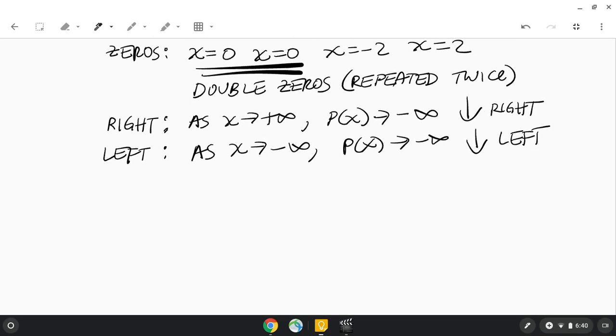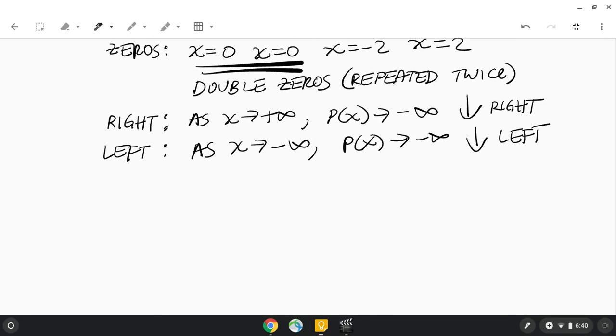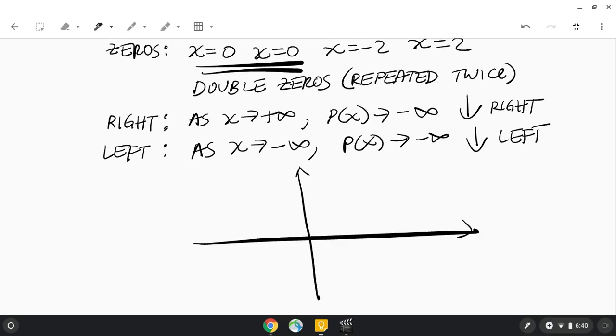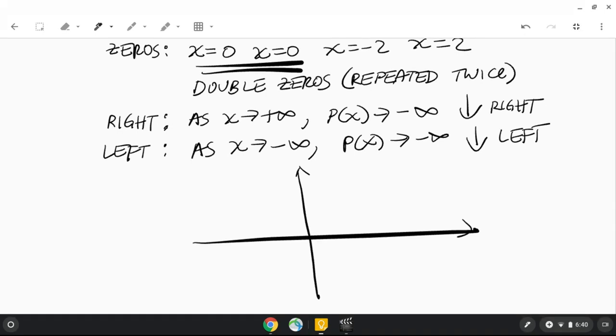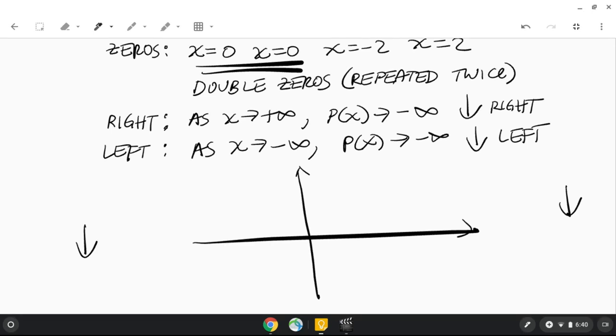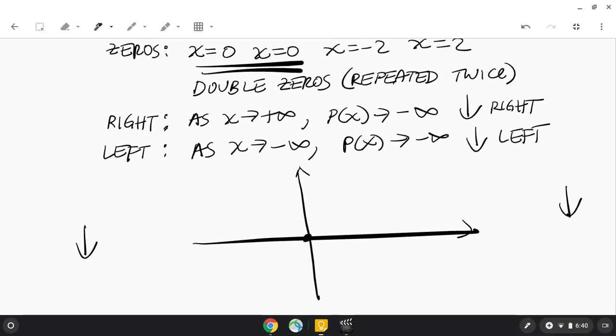Pull this down a little so we can see the zeros. So right-hand behavior is down, left-hand behavior is also down. And we have a double zero right here.